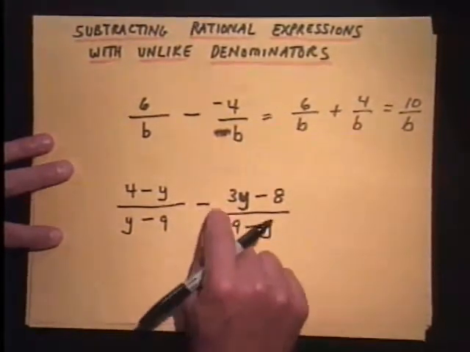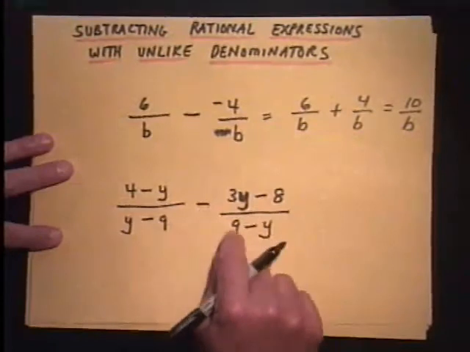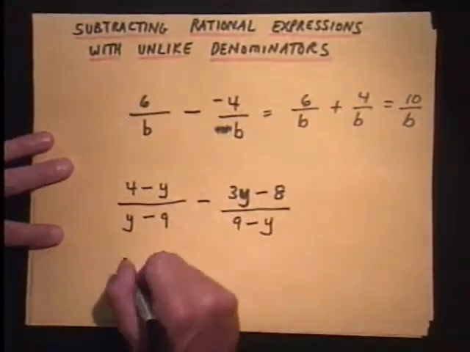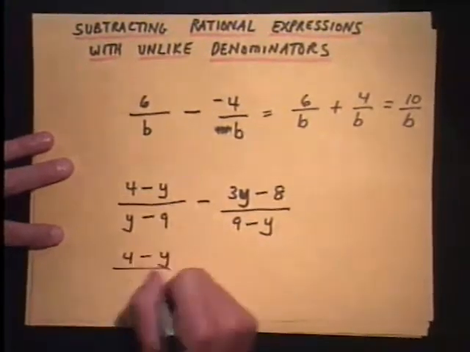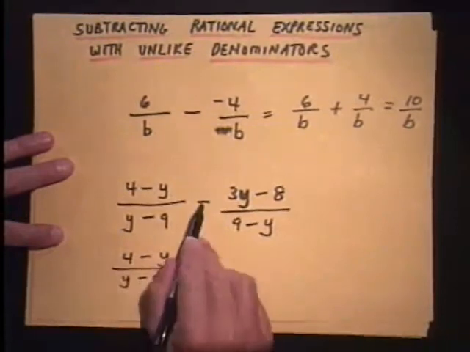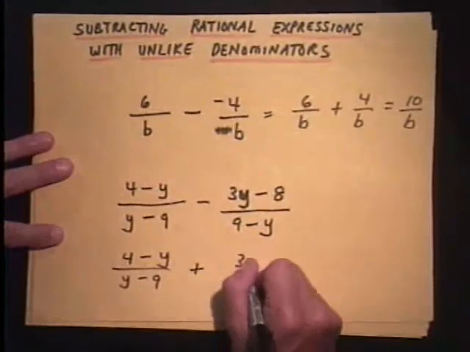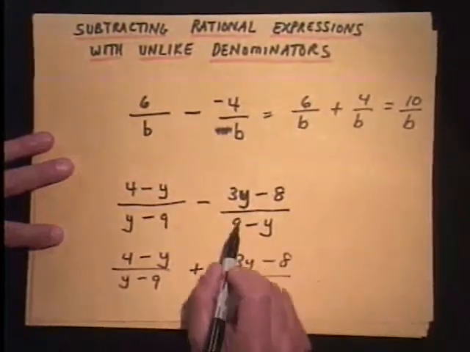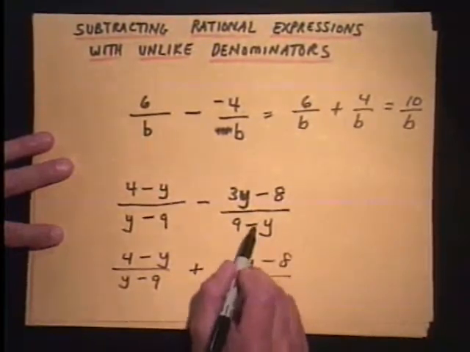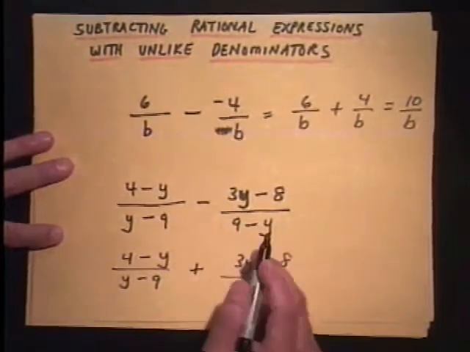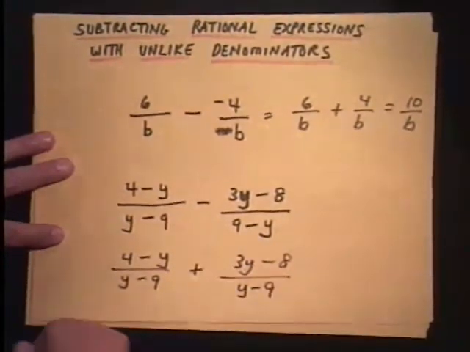Now, I think in this case, if you take the minus sign and run it through the bottom, watch what happens. I'm going to rewrite this thing. You'll love it. In this case, if you take the minus and run it through the bottom part of the fraction, leave the top alone, the 9 minus y, when you hit it with a negative sign, becomes y minus 9.